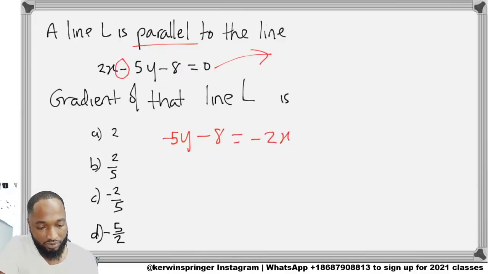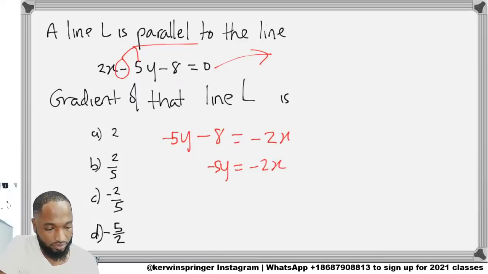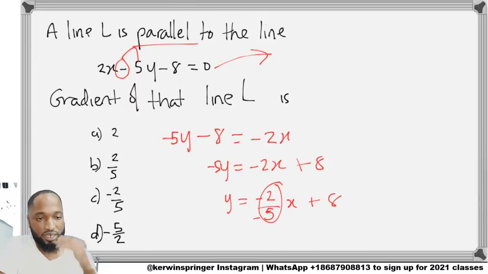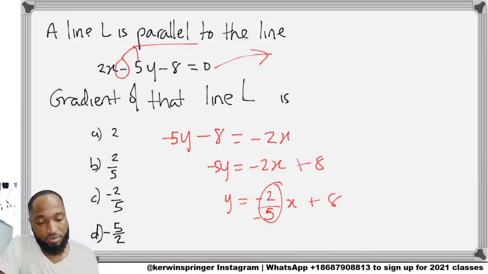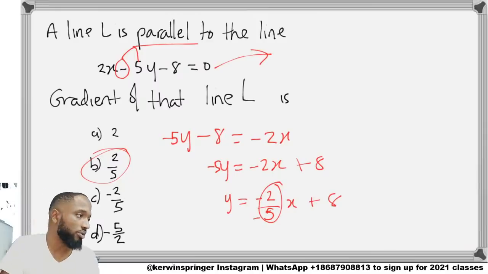Keep in mind the negative in front of this 5 should remain there. Then I'll bring across the 8, then the 5. Notice the 5 goes with this negative this time. So in the end I end up with 2/5, because negative 2 over negative 5 is the same as 2/5. The negatives cancel, and the gradient of that line is 2/5 because they are parallel. So that's how you do that question.